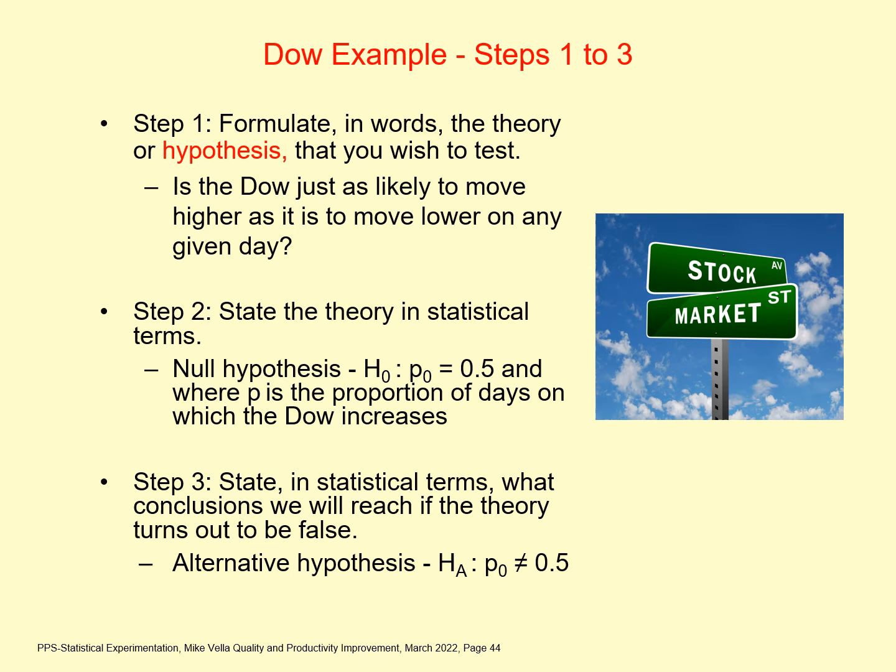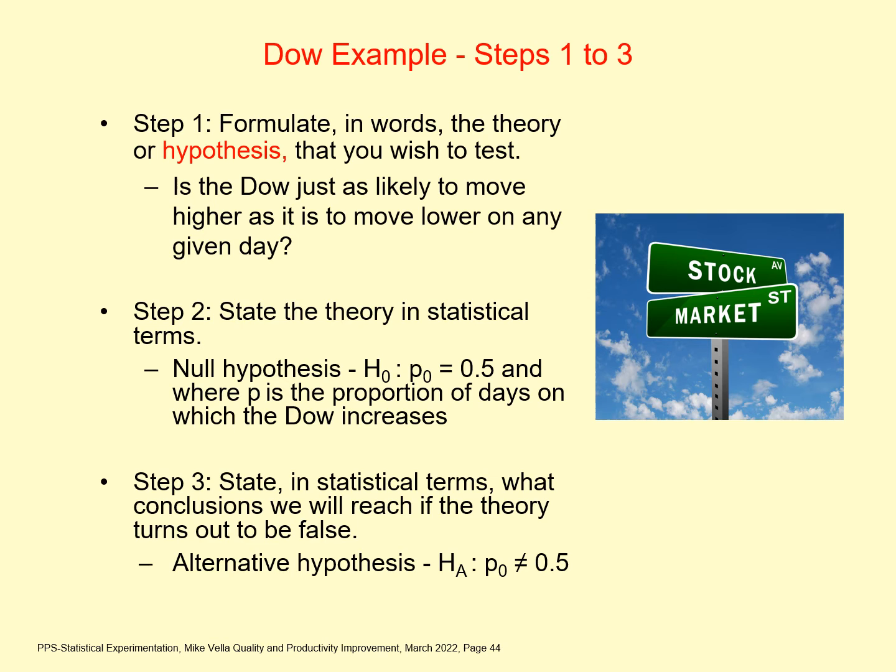So in our Dow example, we're going to formulate in words the theory or hypothesis that we wish to test. And that is, is the Dow just as likely to move higher as it is to move lower on any given day?